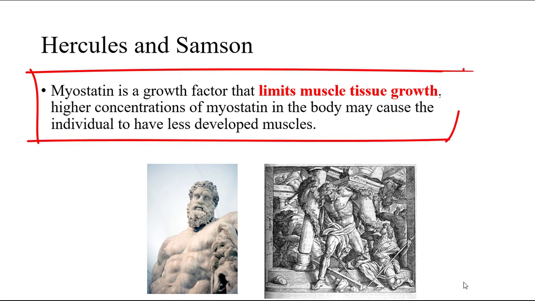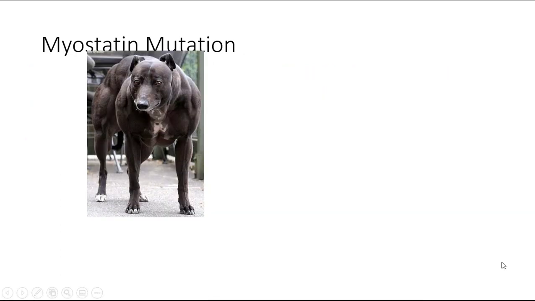So it means higher concentration of myostatin in the body may cause the individual to have less developed muscle. So if Hercules or Samson had a mutation of myostatin, it's possible they could get muscle easily and be strong without exercise. So this is the example of a myostatin mutation.